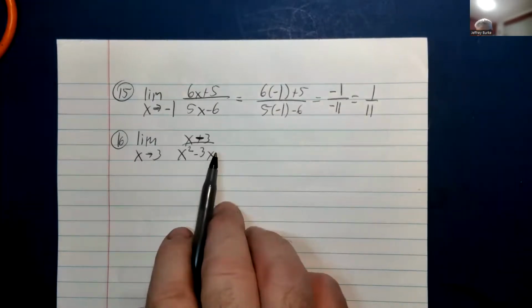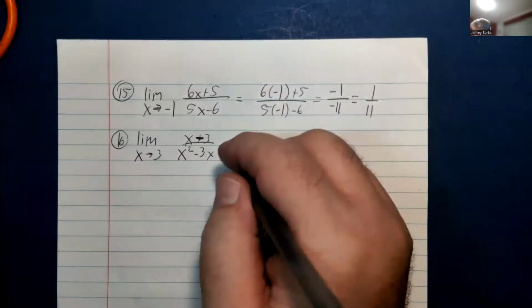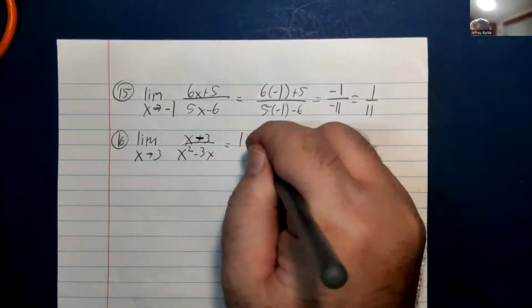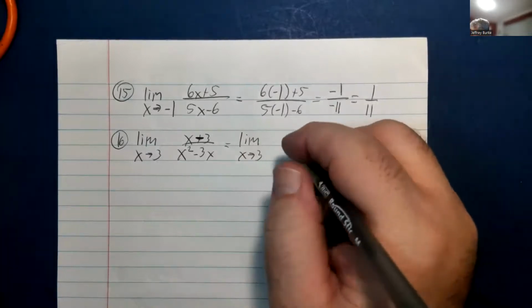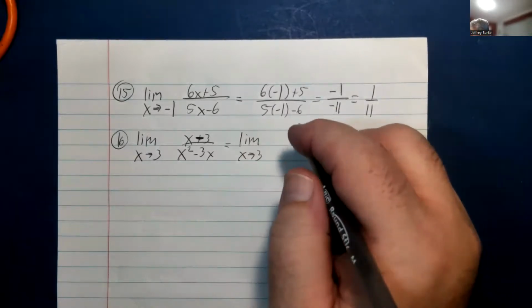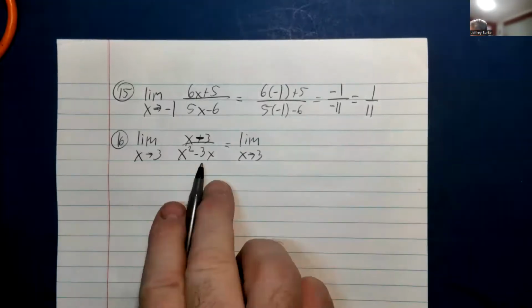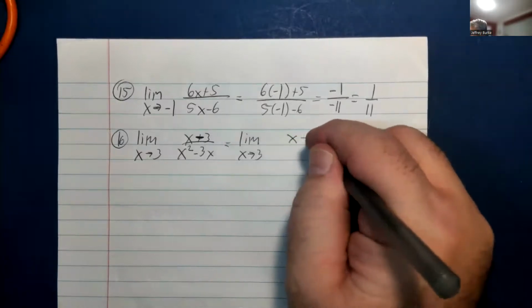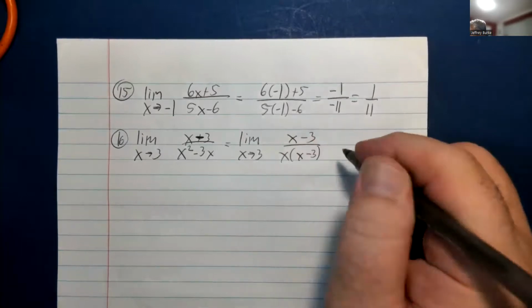All right, so if x approaches 3 here, what I'll do is factor this, and I'm going to write this as the limit as x approaches 3. If I factor the bottom, I'm going to get x times x minus 3 here.